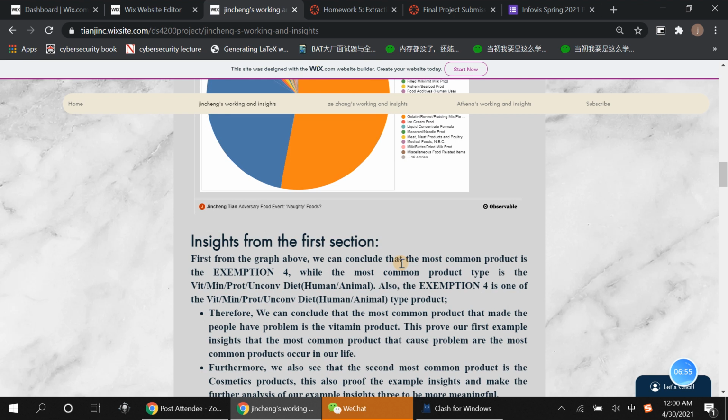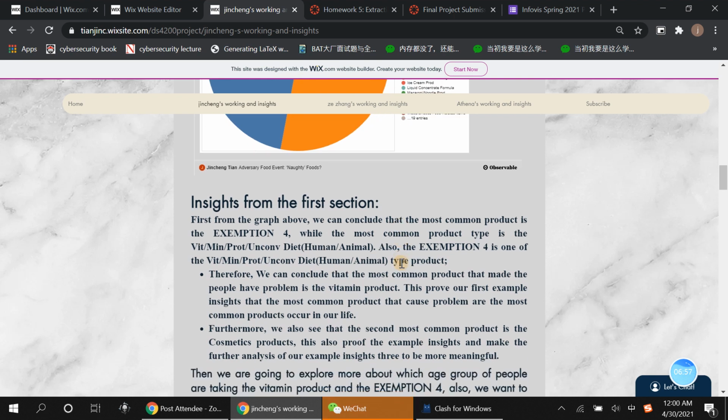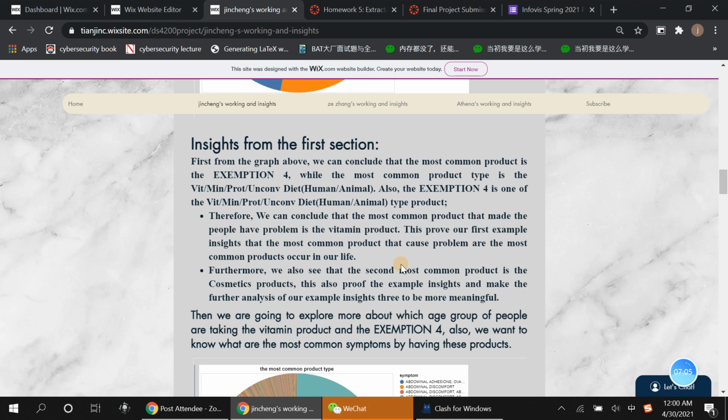So we can conclude that the most common product that caused people to have problems is the vitamin product. This proves our first example insight, that the most common products are the ones that occur in our life. Furthermore, we also see that the second most common product is cosmetic products. This also proves our example insights and makes further analysis of our example.